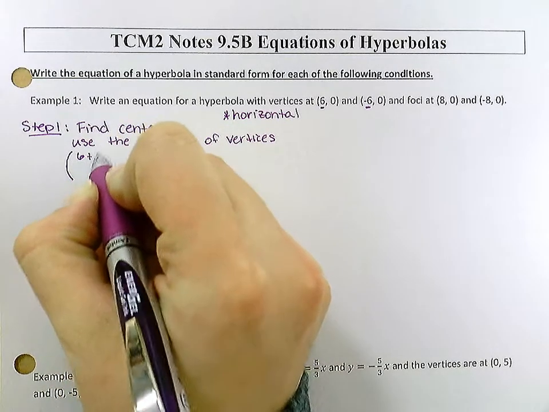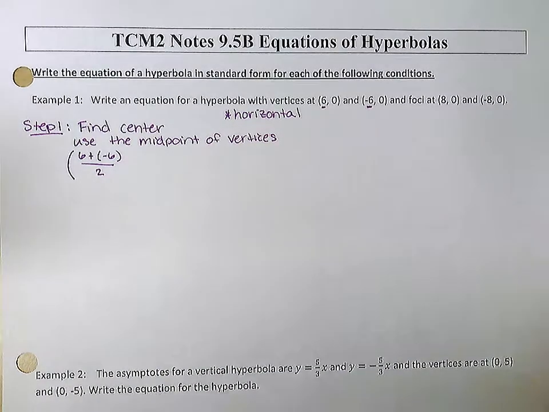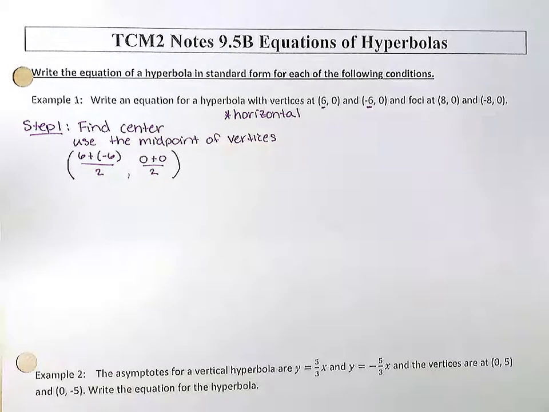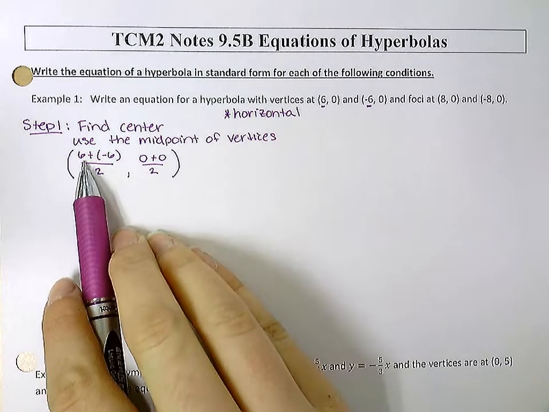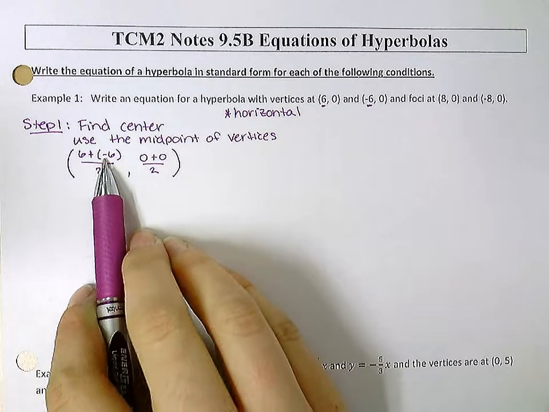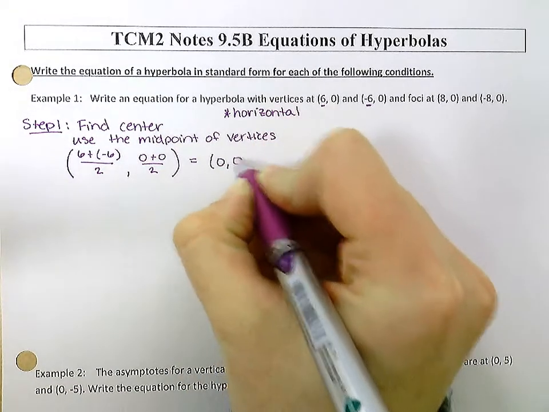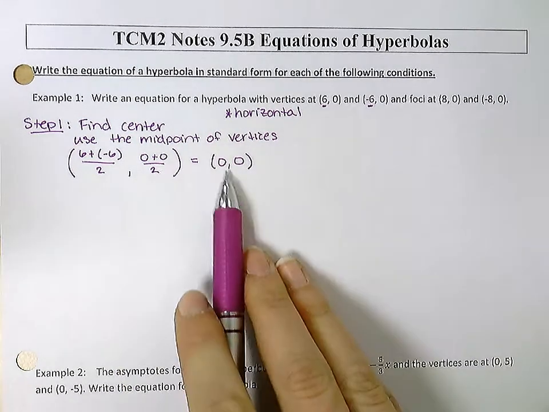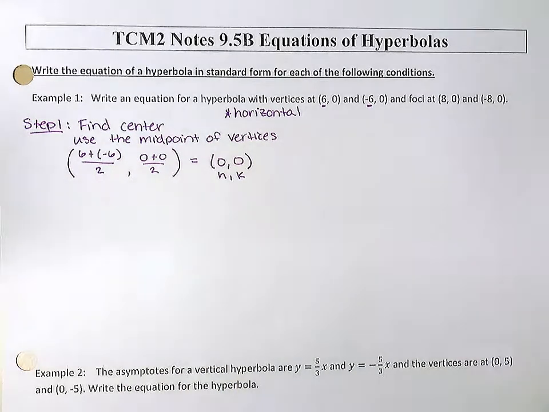Add your 2 x values together, which is 6 and negative 6, and add your 2 y's together, which is 0 and 0, and divide them by 2. So 6 plus negative 6 is just 0 over 2, which is 0. And 0 plus 0 over 2 is still 0. So our center is at 0, 0, and that is your h and k value.